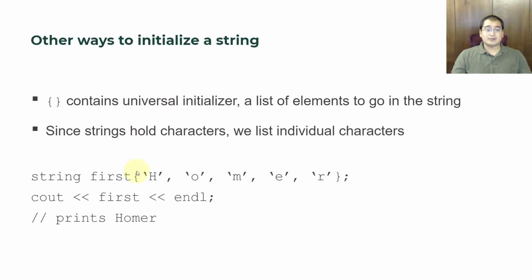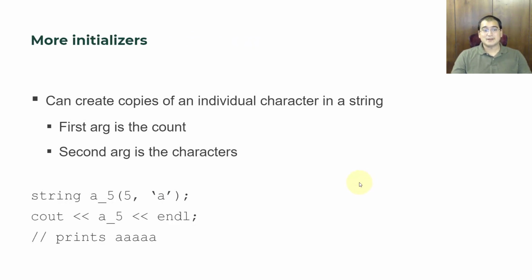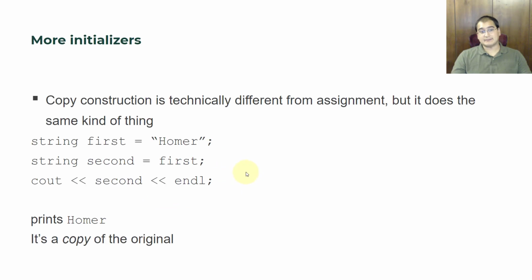The other thing to note is you can use curly brackets, which is an initializer list, to say what are the elements that are going to be provided. And because strings hold characters, these are each going to be individual characters, though this really isn't commonly written in this way. You can also initialize strings with a number and then a character that should be repeated that many times.